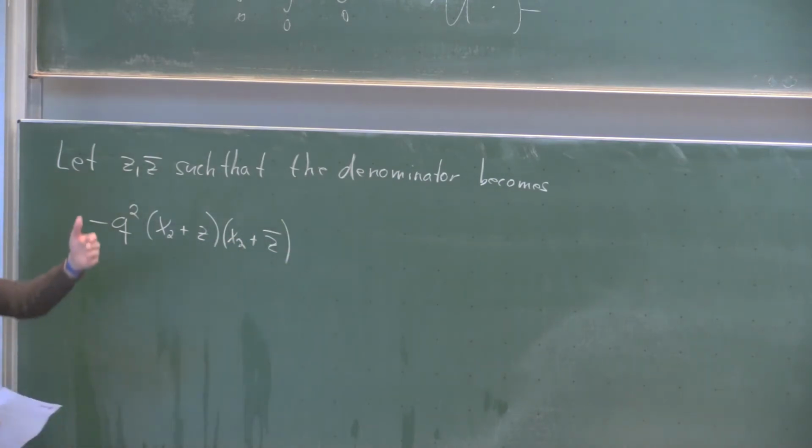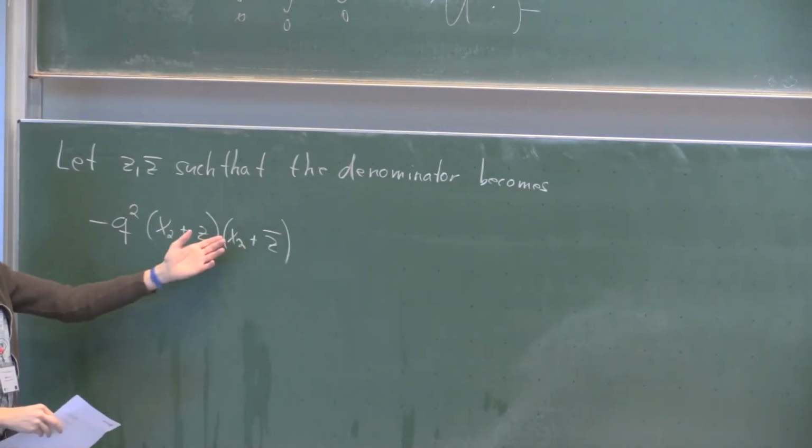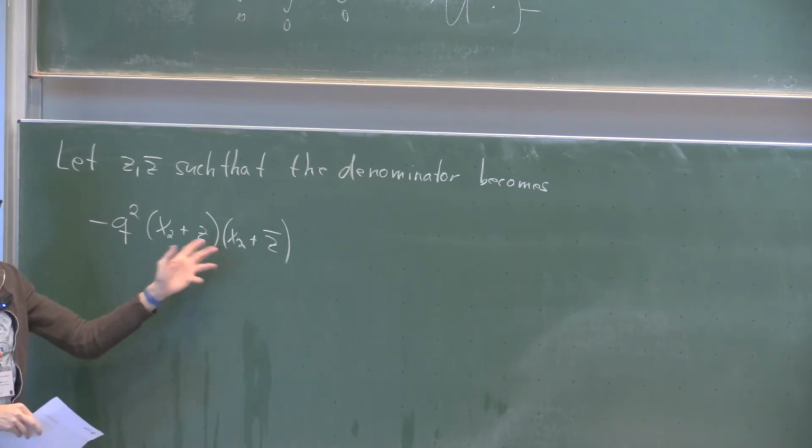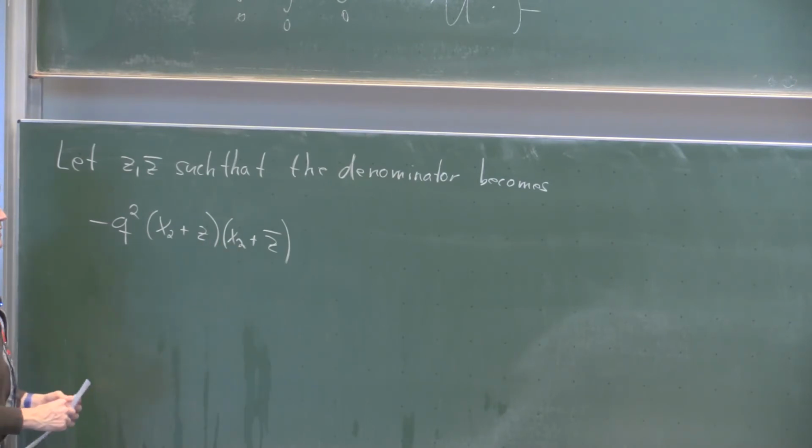Right, so it's a quadratic equation. I can talk about the roots of this quadratic equation. I call z and z bar minus the two roots of this quadratic equation.